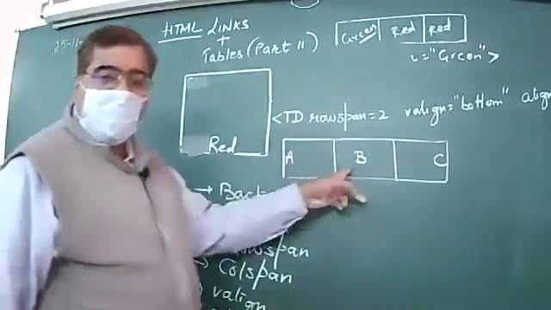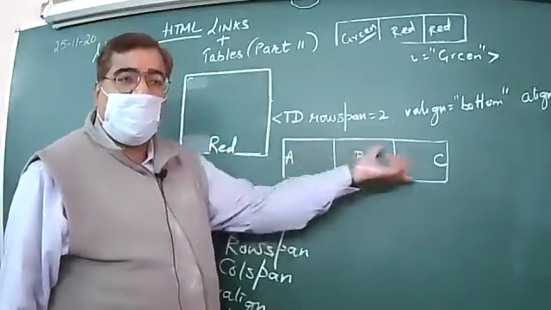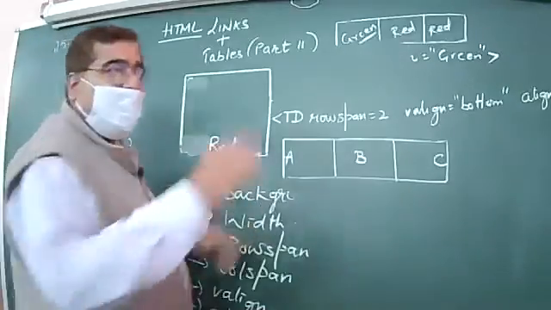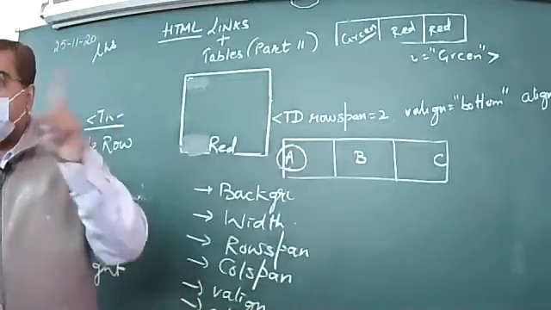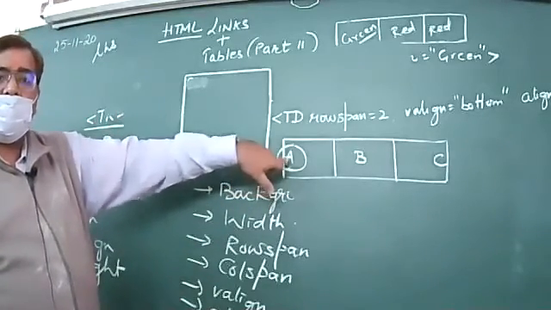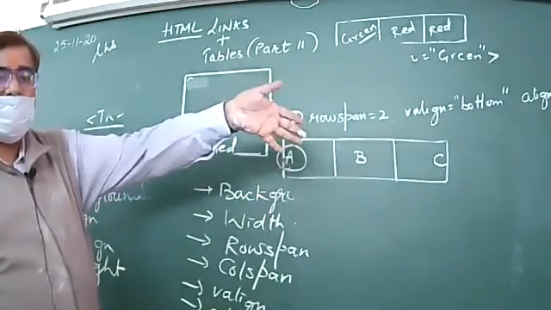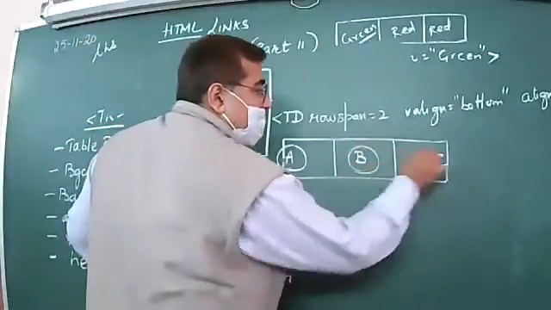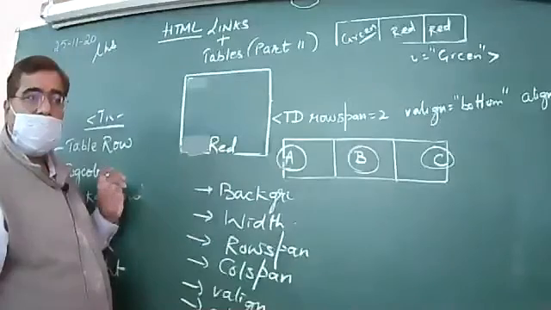Now for this particular case, you have to take the align attribute inside each TD tag. But you can ignore the align attribute where the alignment is left. The cell which is having the alignment left, you can ignore the align attribute because by default alignment is left. So covering up this and this. Clear?